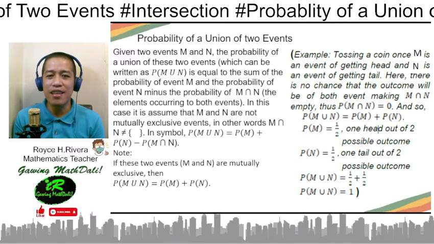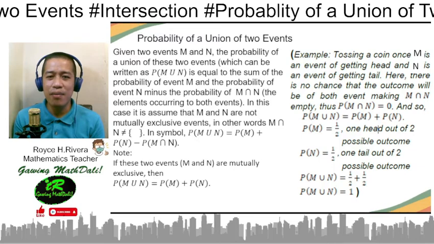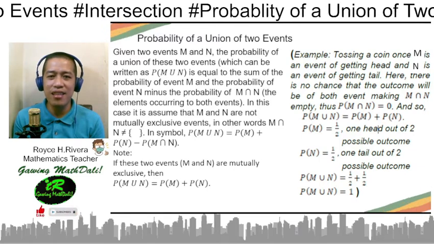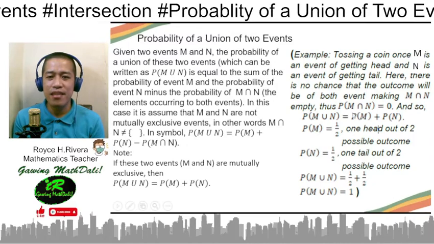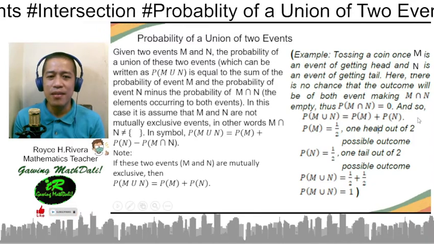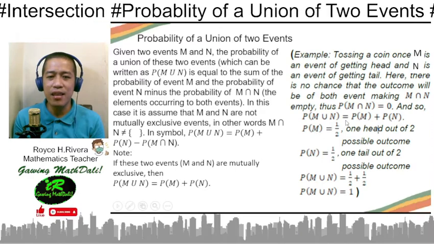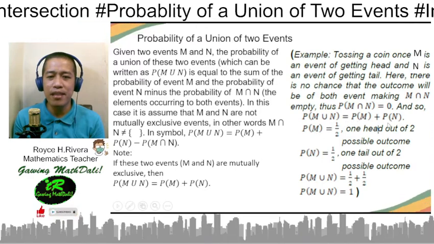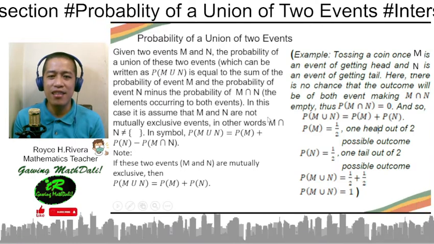Hindi pwedeng kapag nag-flip tayo ng coin, ay parehong head and tails ang lumabas at the same time. And so, P of M union N is equal to P of M plus P of N.